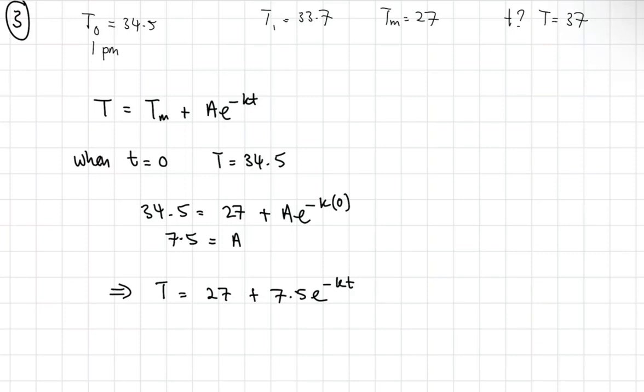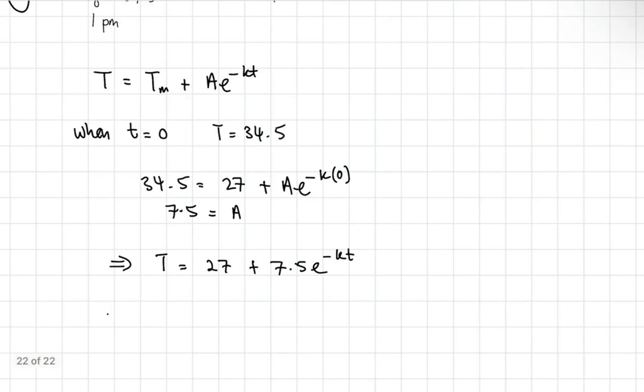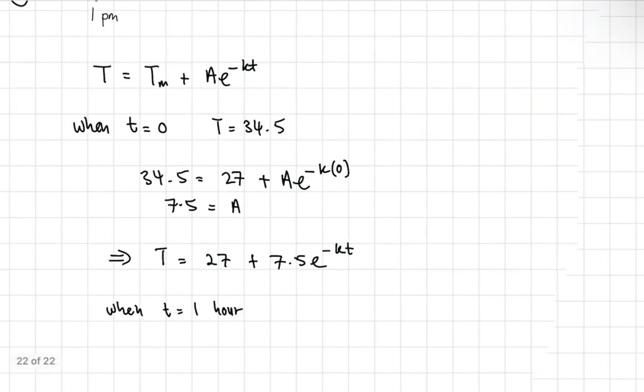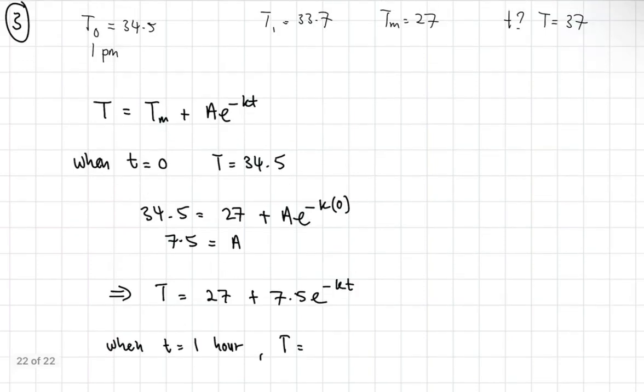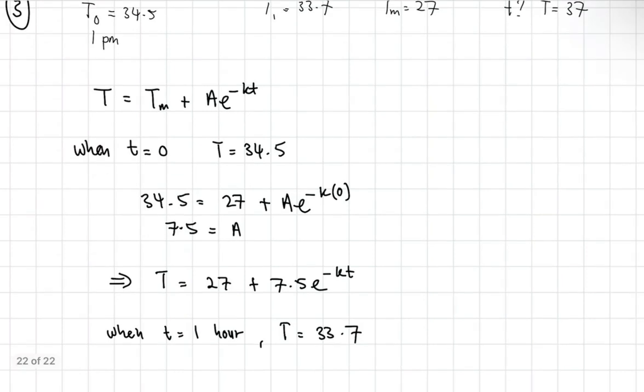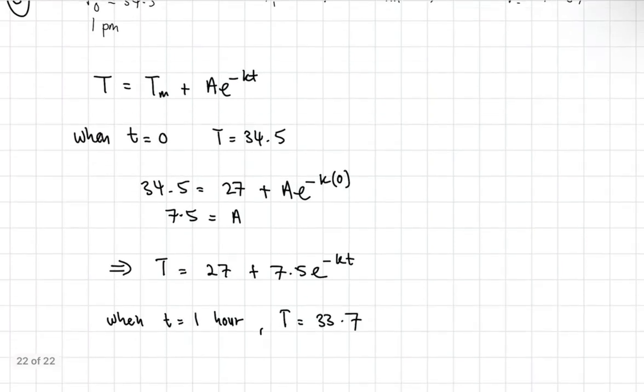Then we need to solve for K by using the second piece of information. When time equals 1 hour, the temperature after 1 hour is 33.7.